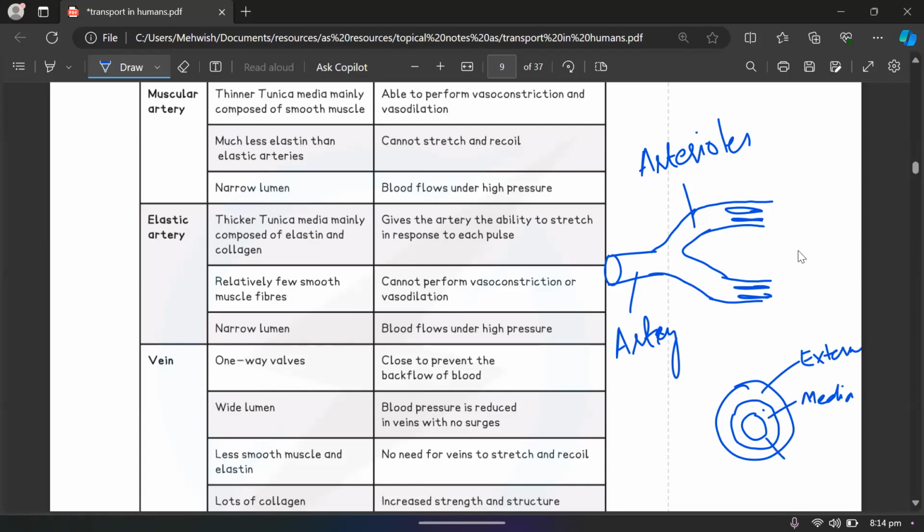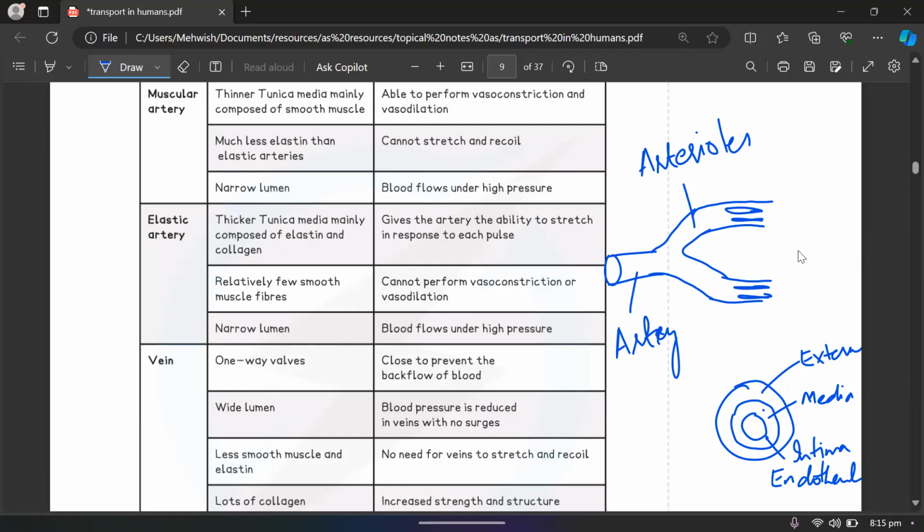And the innermost is called endothelium, or tunica intima. Intima means the innermost. It is made up of squamous epithelial cells, smooth and flat cells, present in the lining of an artery.